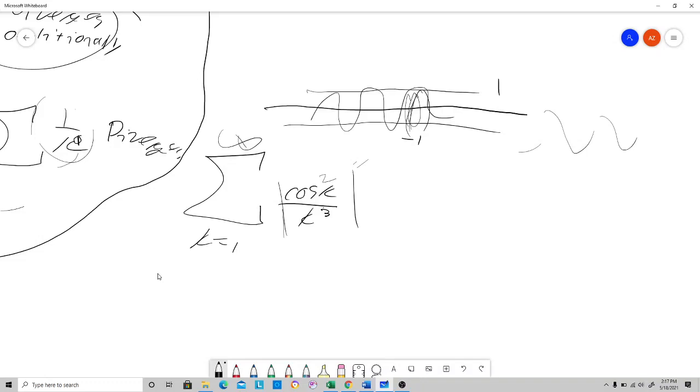Or another way to think about it is, instead of thinking of a trig function, try to think about it in terms of just what's on the inside. So if I take the absolute value, just do this.